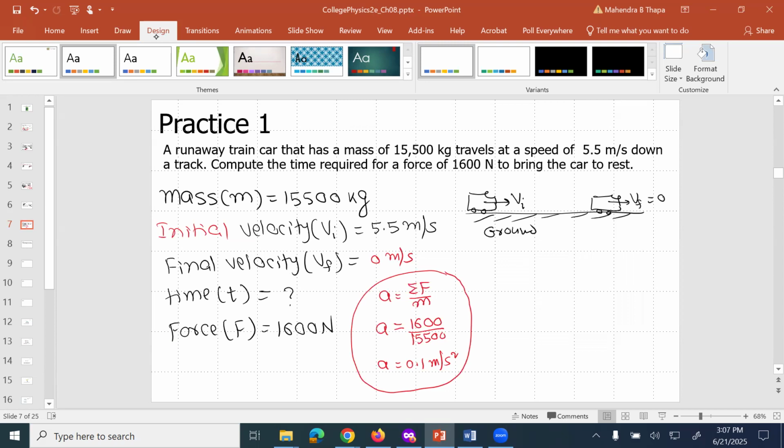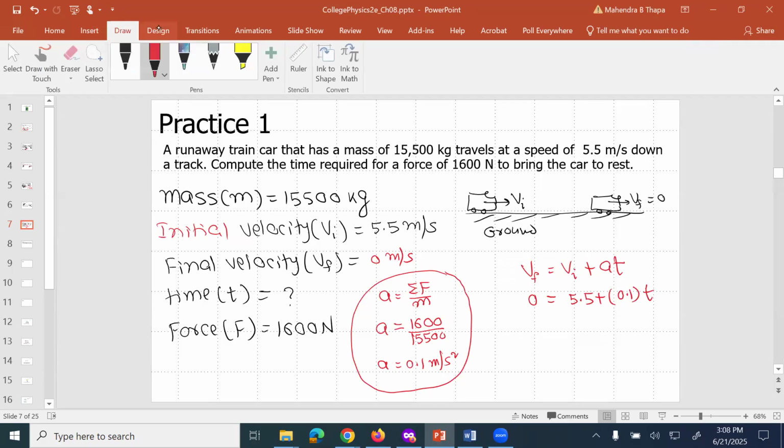Our goal is to find the time, so I can use one of the kinematic equations, V final equals V initial plus a times t. My V final is 0, V initial is 5.5, plus my acceleration 0.1 times t. One important thing to consider is that the acceleration is negative because the object is slowing down. That's the reason for the minus here.